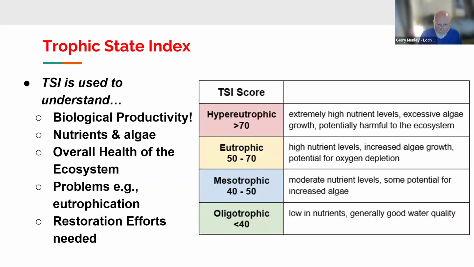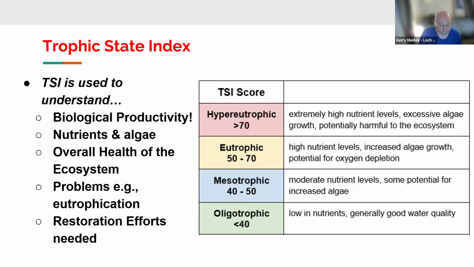Next slide, please. So on the right-hand side is the general descriptions of each of the 4. And obviously, we think that having a clear lake that's oligotrophic, low in nutrients, good water quality is the way to go.